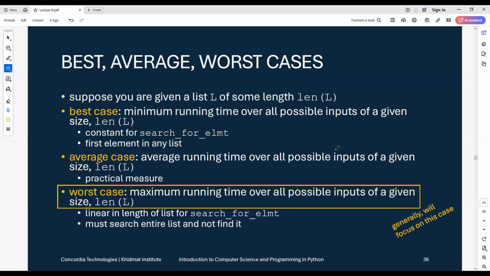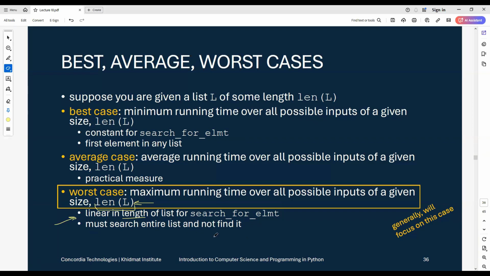For the worst case scenario, when E is not present in L at all, it would have to run the length of L times, and that would be the upper bound on the complexity of this algorithm, which means that the complexity is linear and is proportional to the length of the list.